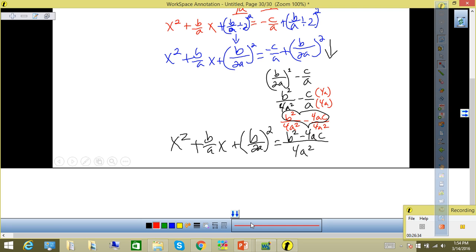Square root of the first, square root of the last, sign of the middle term, and all that squared equals b squared minus 4ac over 4a squared.